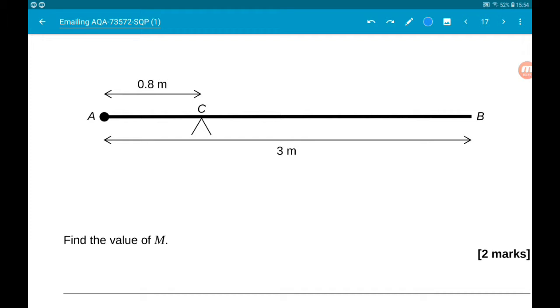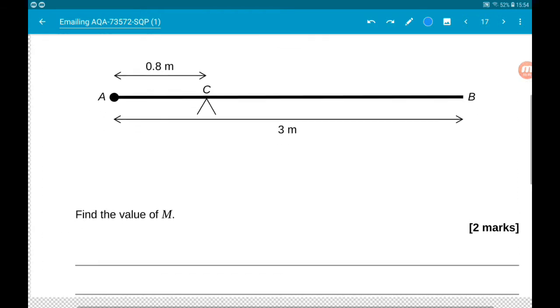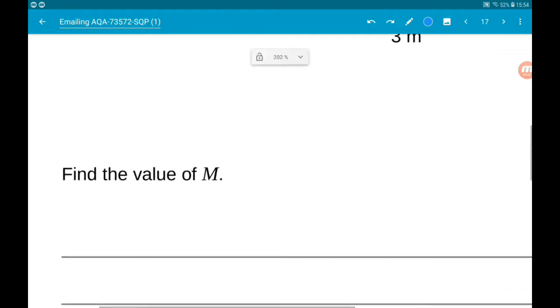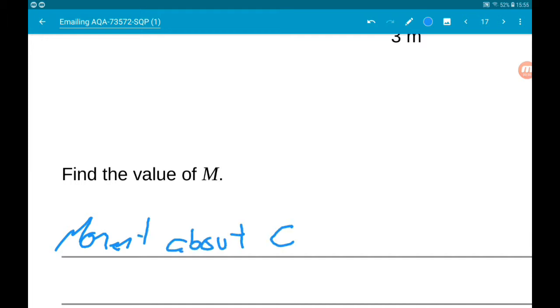So, first of all, if the rod is in equilibrium, we know the moment about C is 0. The rod isn't rotating at all.